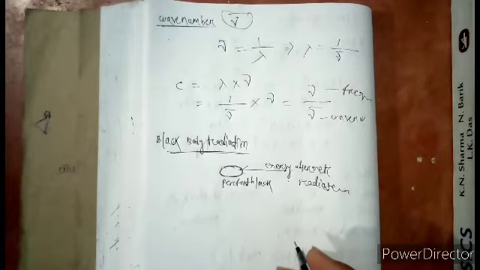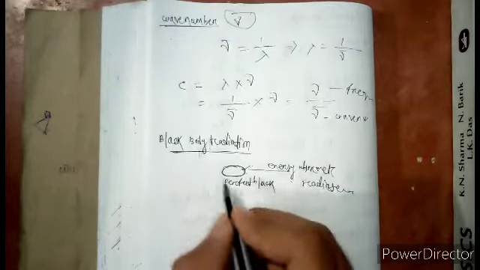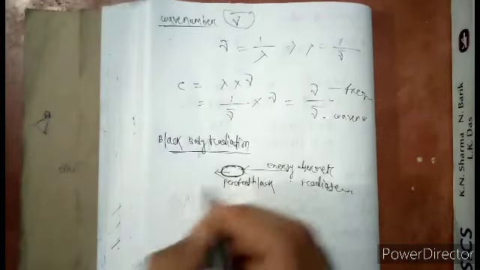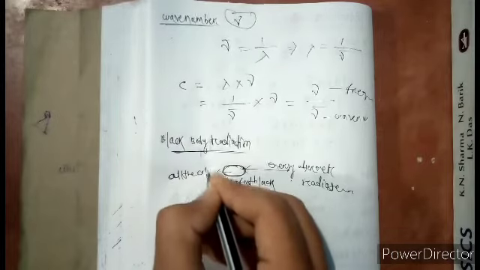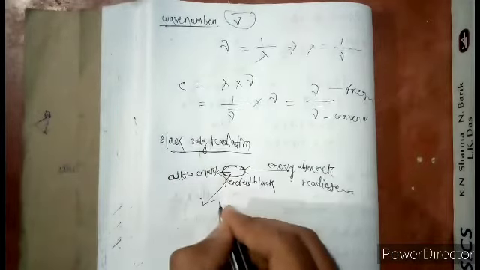A black body has the capacity to absorb all colors and radiate heat.